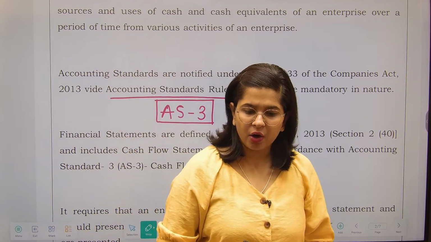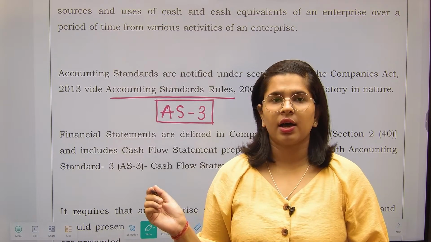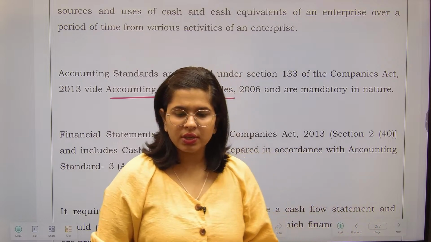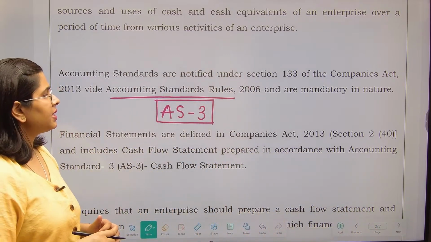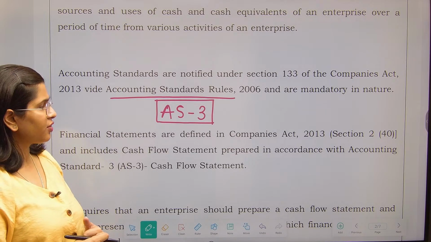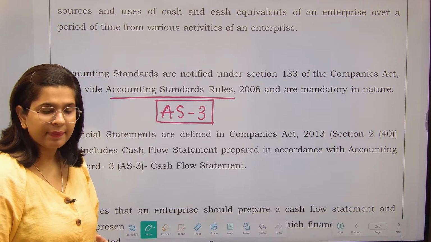And there are many organizations for which we still have the accounting standards, which are being notified, right? So financial statements are defined in Companies Act 2013 section 2 and include the cash flow statement prepared in accordance with Accounting Standard 3, right?